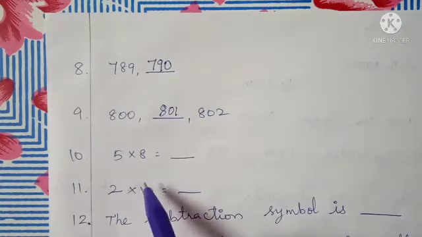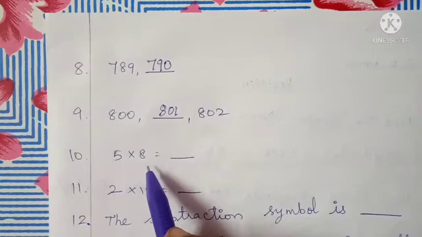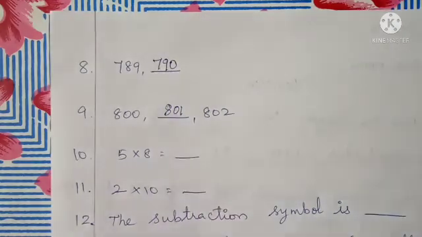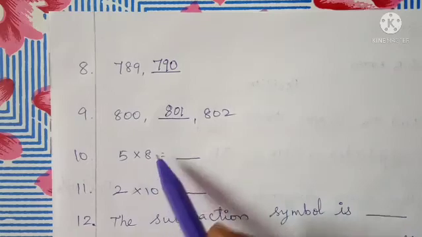Next one, find the product. 5 multiply 8. Those who know the 5 table or 8 table can easily find the answer, children. You know the 5 table: 5 1s are 5, 5 2s are 10, 5 3s are 15, 5 4s are 20, 5 5s are 25, 5 6s are 30, 5 7s are 35, 5 8s are 40.